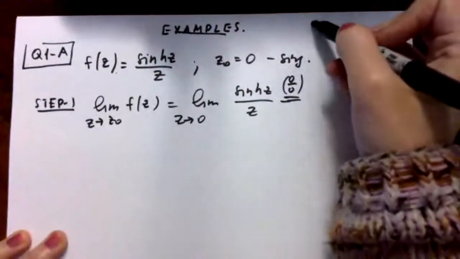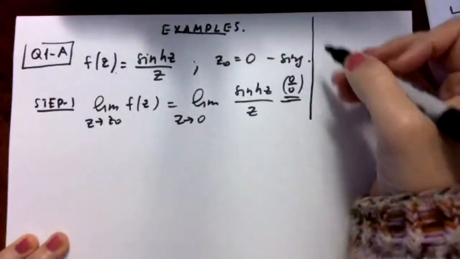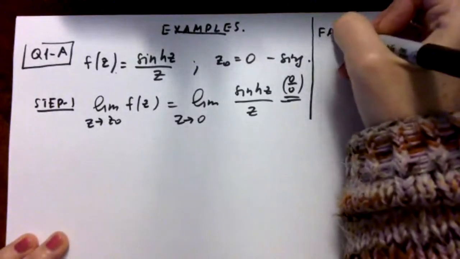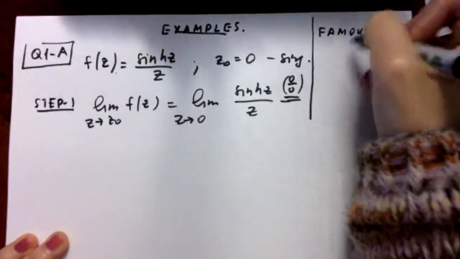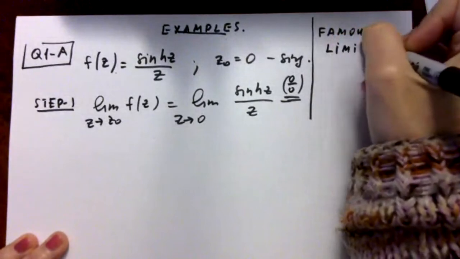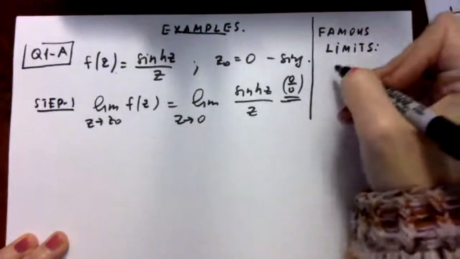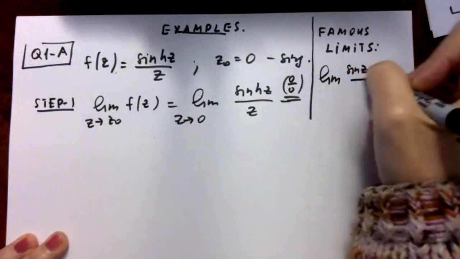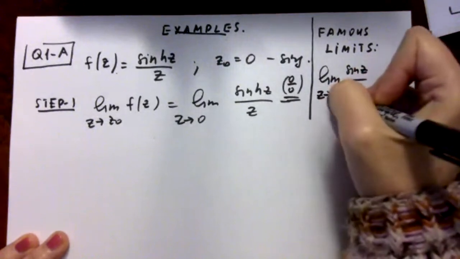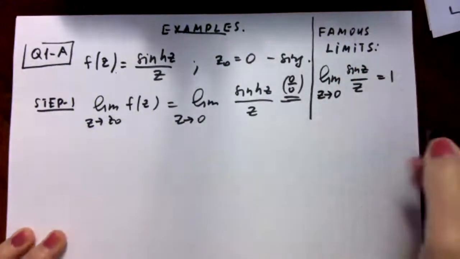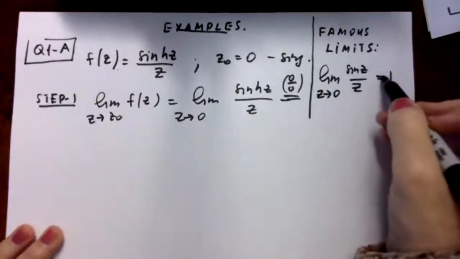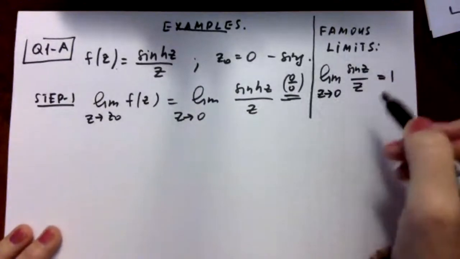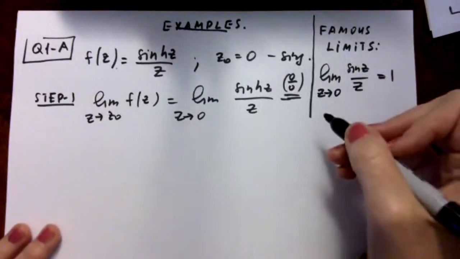What trick should be applied in our case? You know, there are some very famous limits, which you're supposed to know because they are so famous. The first famous limit is the limit of sinus z divided by z when z tends to 0, which is equal to 1. Of course, you immediately recalled this limit because it's super famous.